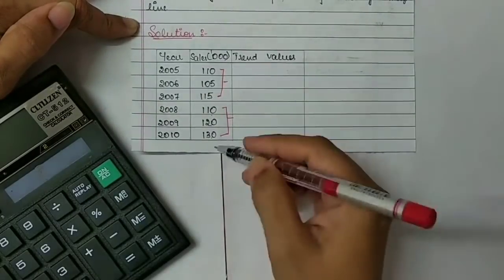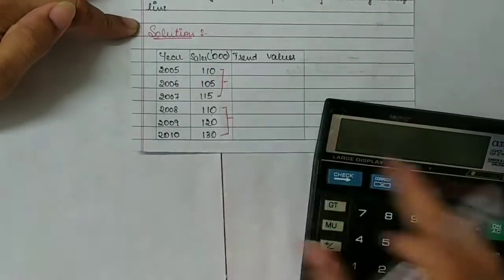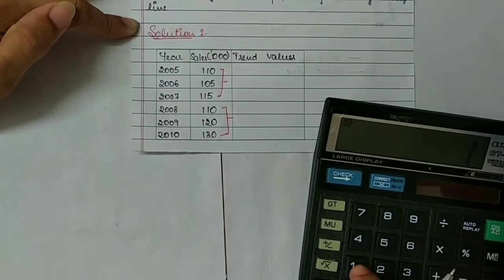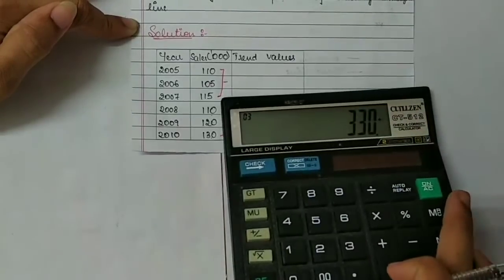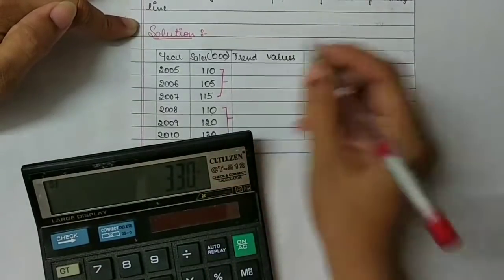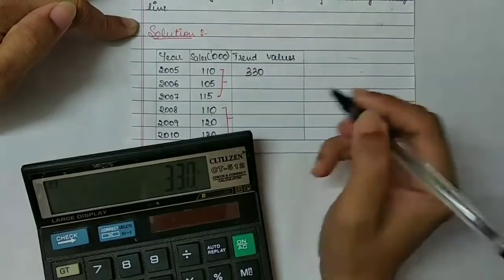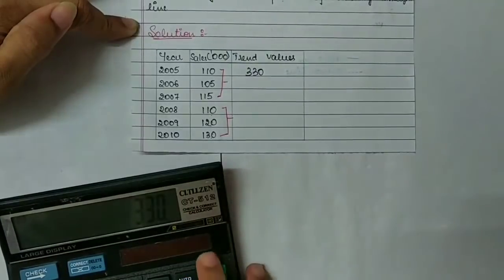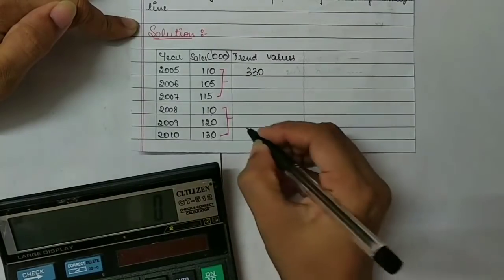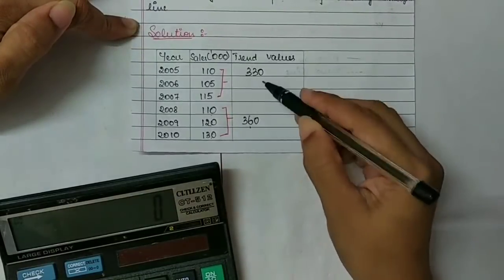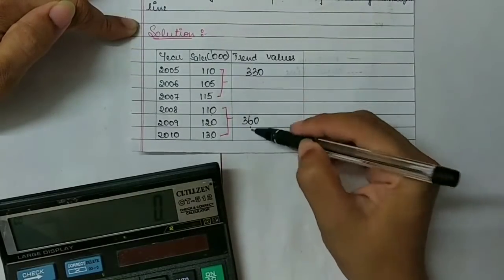The first total is 110 plus 105 plus 115, which is 330. And here, 110 plus 120 plus 130, and the total is 360. So the original data is divided into two parts and we got its totals.